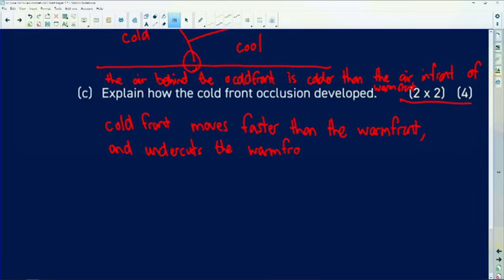And when that cold front undercuts the warm front, it forces the warm air to rise, resulting in the narrowing of the warm sector.